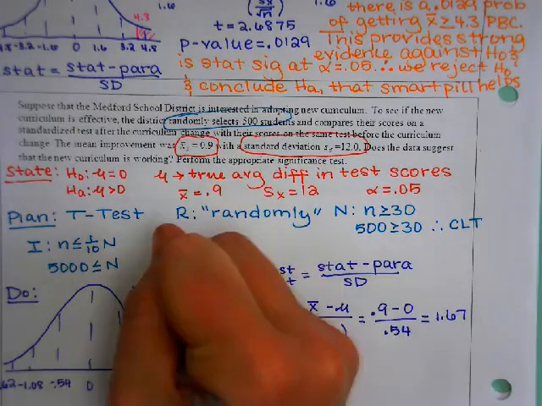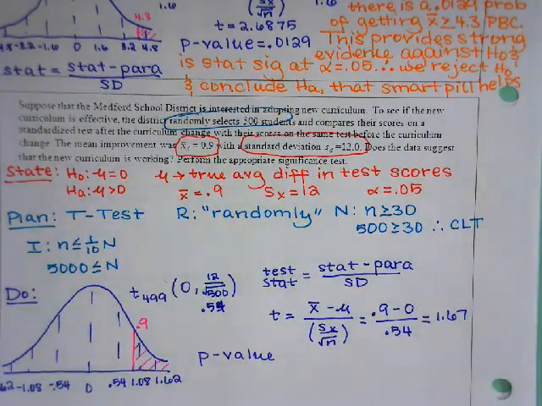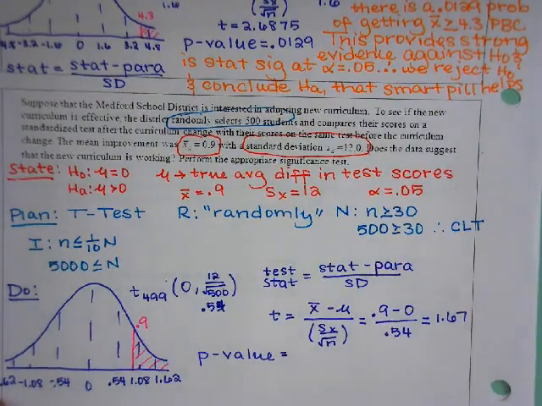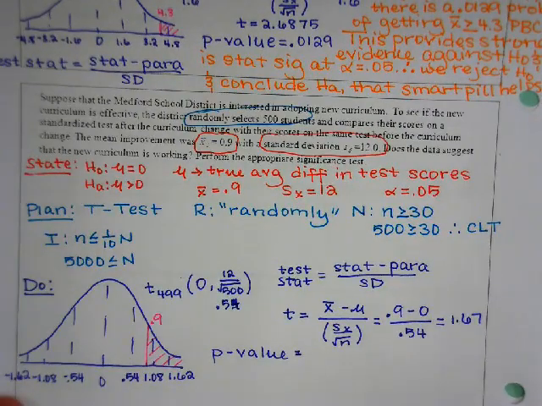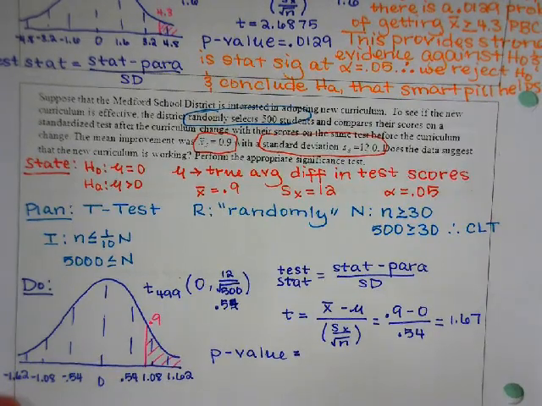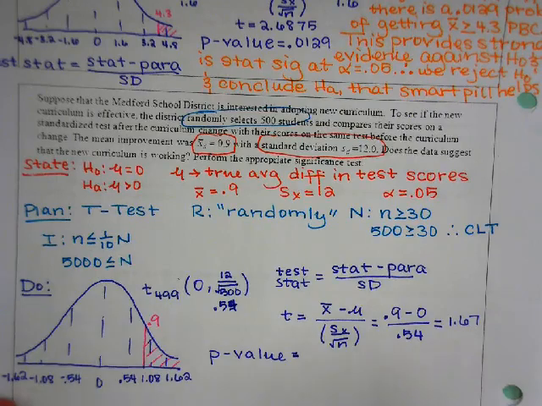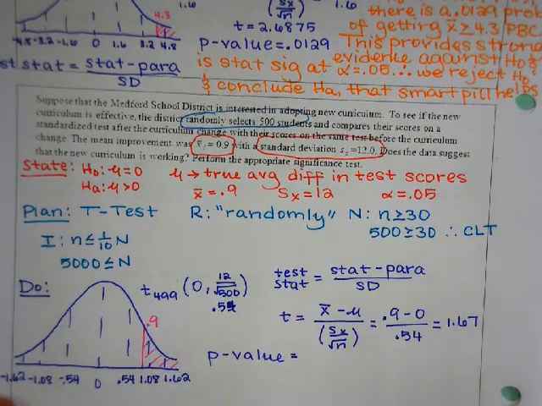Did you get the p-value for me, Nolan? It's drawing, I'll get it. Okay. Alright, 0.0471. Thank you, sir. Everybody agree with that?